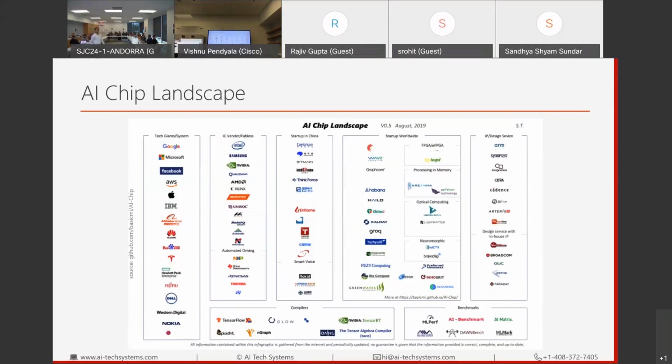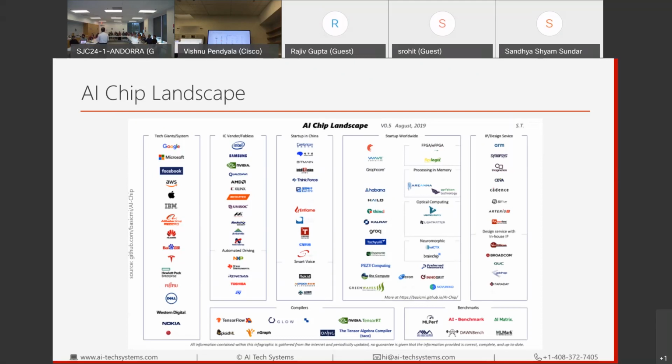So this is the landscape, and this was updated in August 2019. Every large company you can think of is there. There are a lot of startups, and there's a reference for this plot, so there is a source there. They don't include anything less than 5 million or something, so you have to be above the range. And all of these are in the Bay Area. You have giants like Google, which have software, hardware.